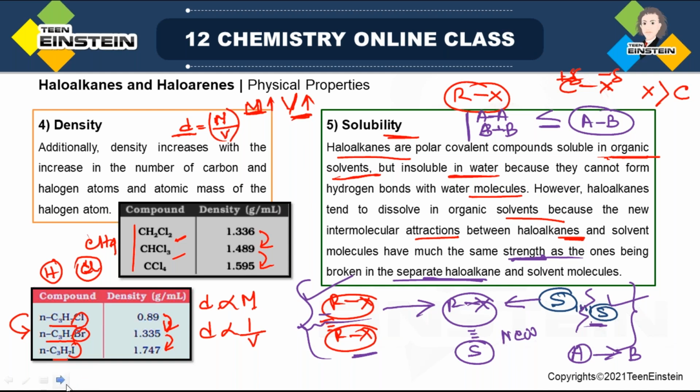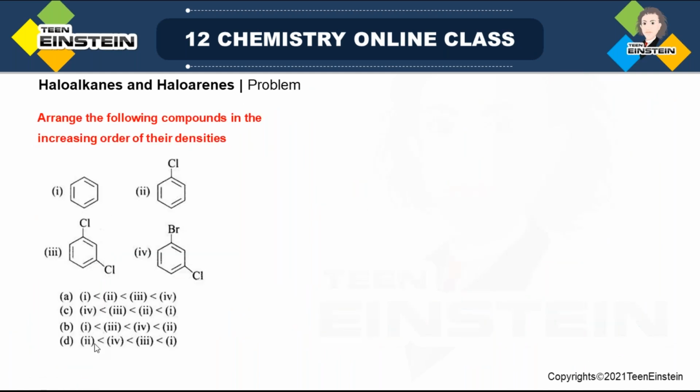Now after solubility, here we will see this problem. Arrange the following compounds in the increasing order of their densities. Here we have simple benzene, monochloro substituted benzene, dichloro substituted benzene, and 1-bromo-3-chlorobenzene.